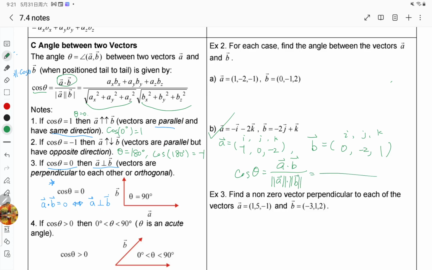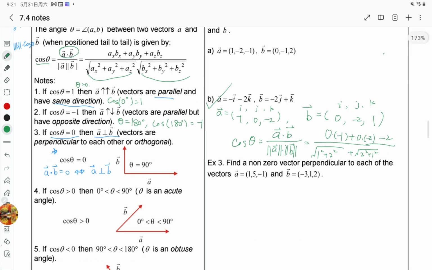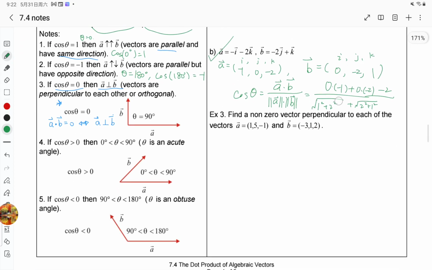So here is 0 times -1 plus 0 times -2 minus 2. Okay, and then the length is of course the square root of 1 squared plus 2 squared, and this is the square root of 2 squared plus 1 squared, and then you just calculate this, right? This should be easy breezy, okay?